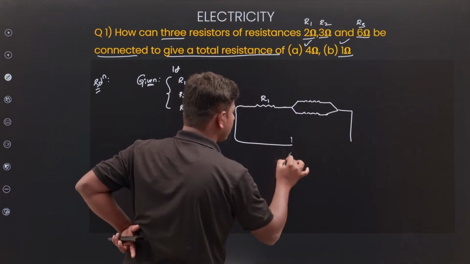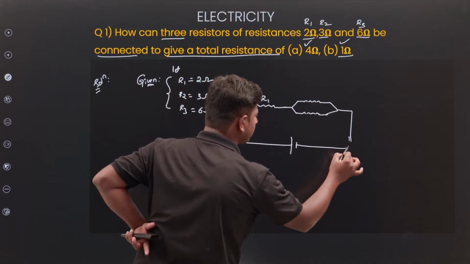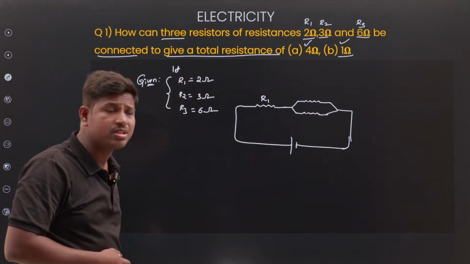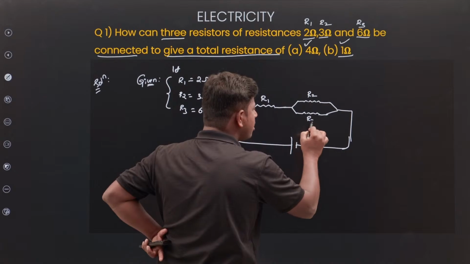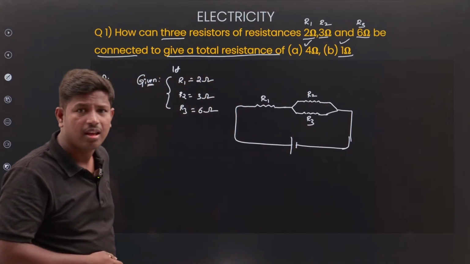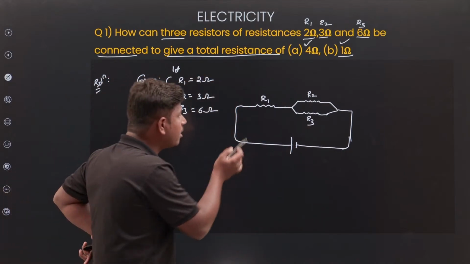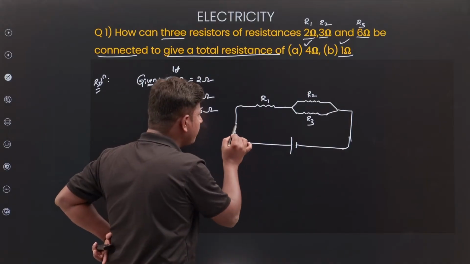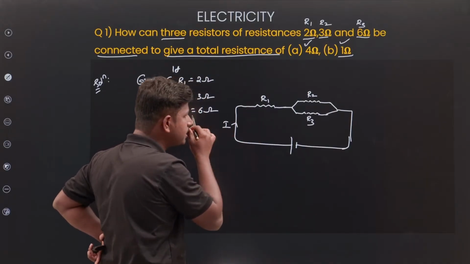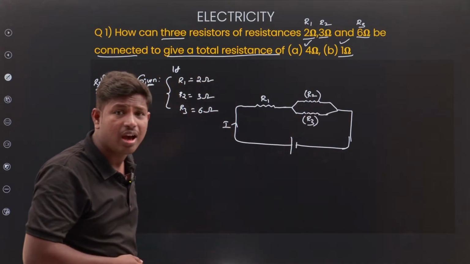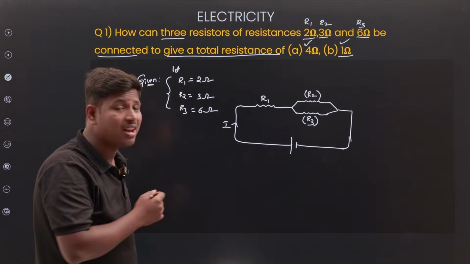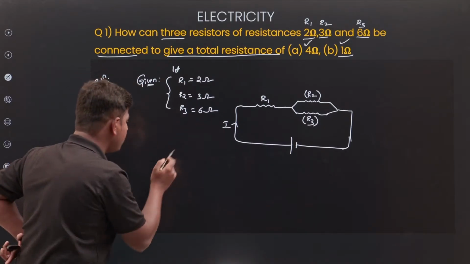See, which are in series, which are in parallel? From the circuit diagram, tell me which are in series and which are in parallel. For example, the current I is passing through. R2, R3, how are they connected? Parallel, right? So first I am taking the parallel.